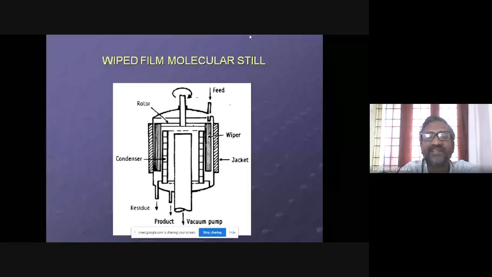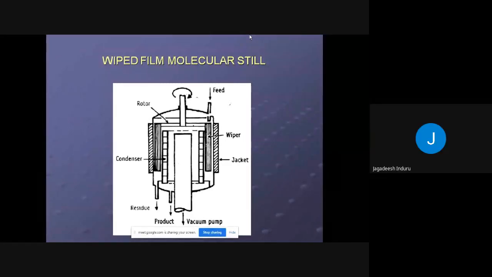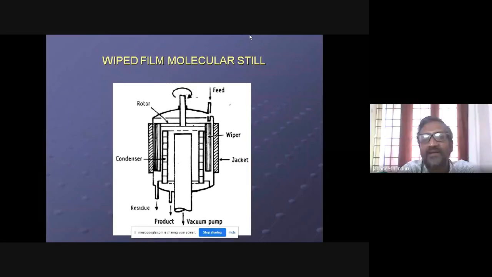So the feed enters and the wiper forms a thin film. You have a jacket with slanted lines, seen in this diagram at the extreme left. The jacket is circulated with hot oil or water, providing heat input to the distillation.